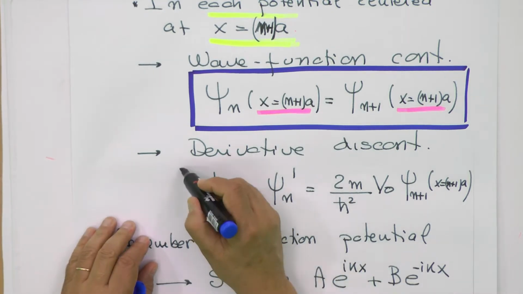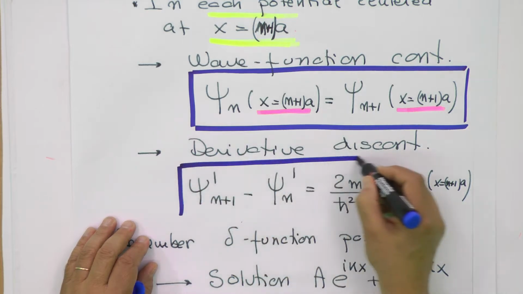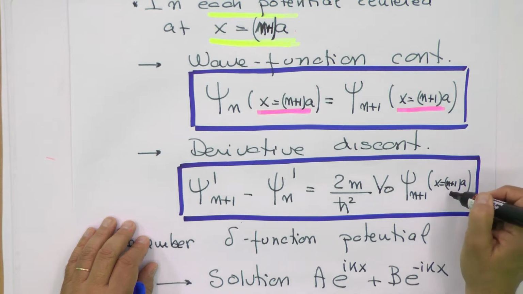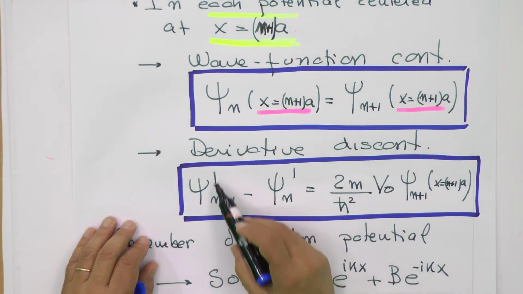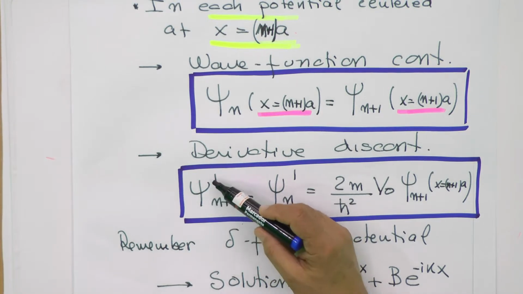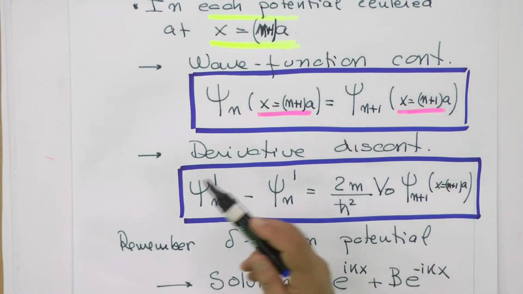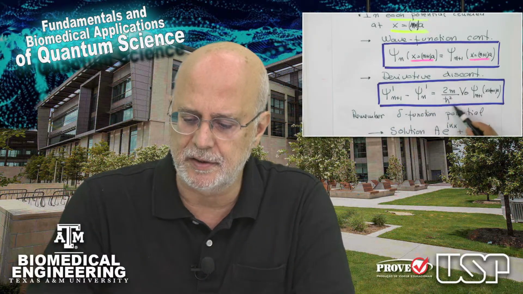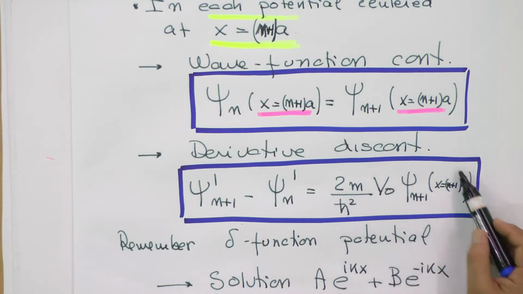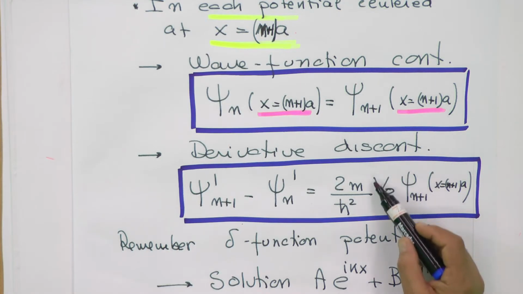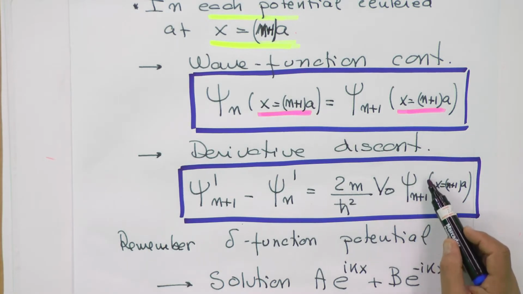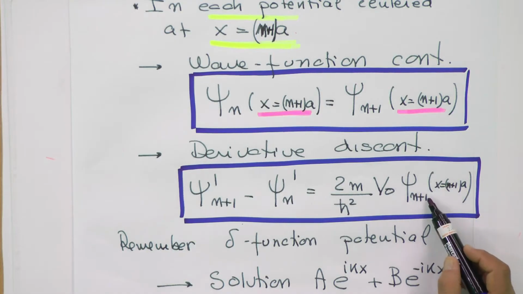And I remember I stopped and made a parenthesis and showed you why, at the delta function position, the derivative of the wave function must have a discontinuity. And I proved to you that the derivative on one side minus the derivative on the other side is this term: 2m divided by h bar squared, times the value of the delta function applied to the potential, which is the integral of V0 delta times psi n plus 1.